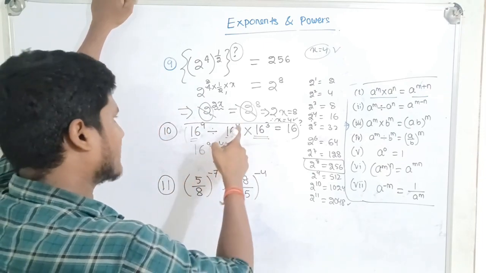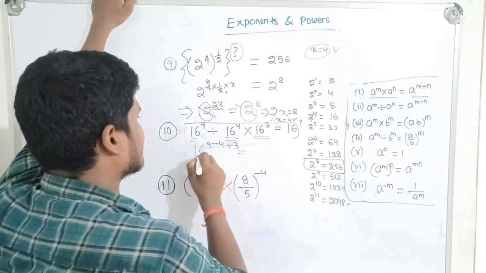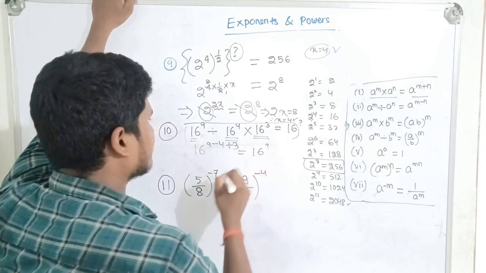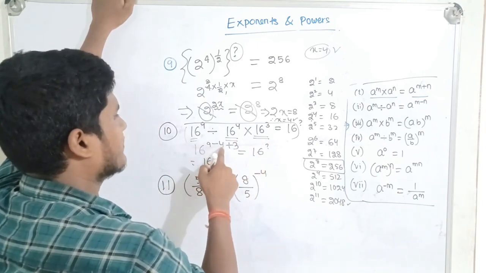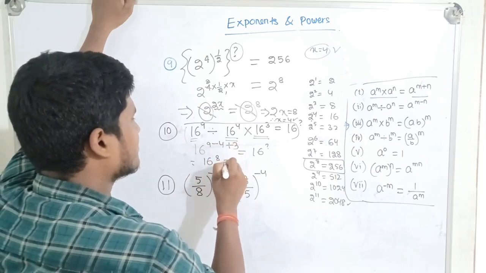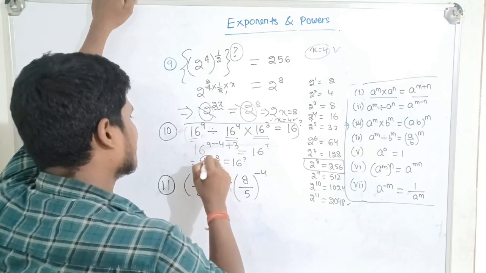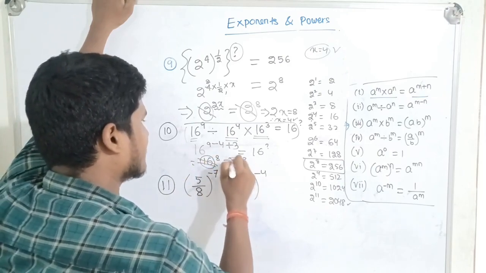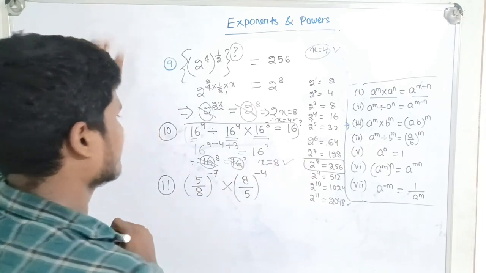Divided means minus and multiplication means plus. So 9 minus 4 is 5, plus 3 is 8. 16 to the power 8 is equal to 16 to the power x. Here also the two bases cancel out and x would be 8. That is your answer.